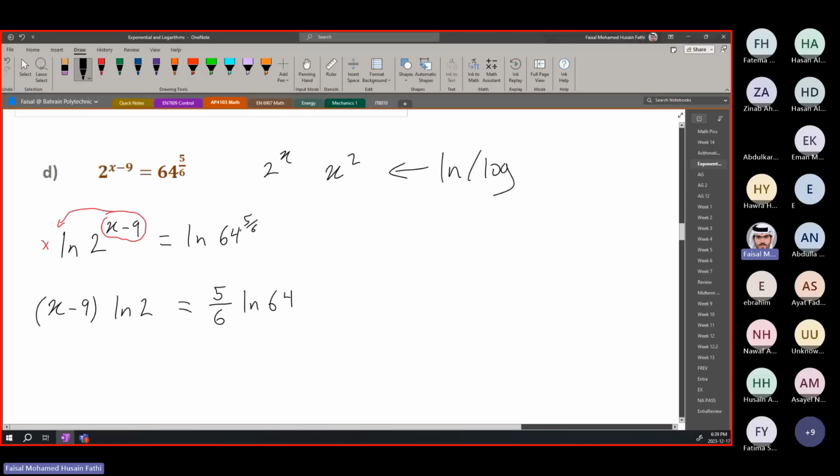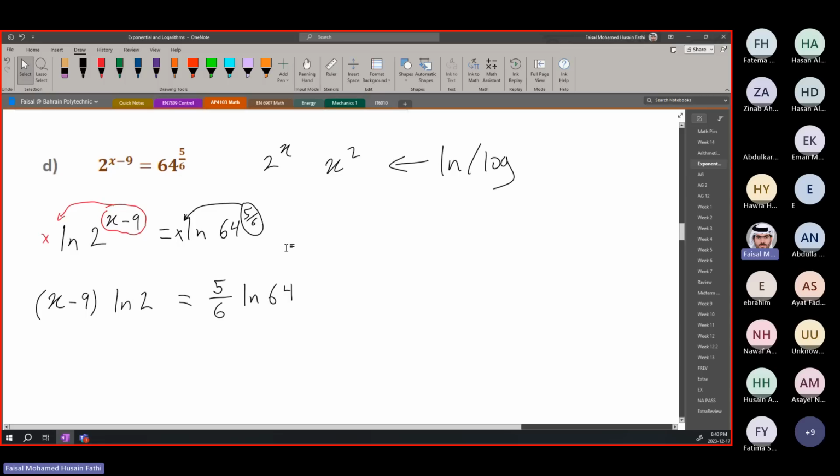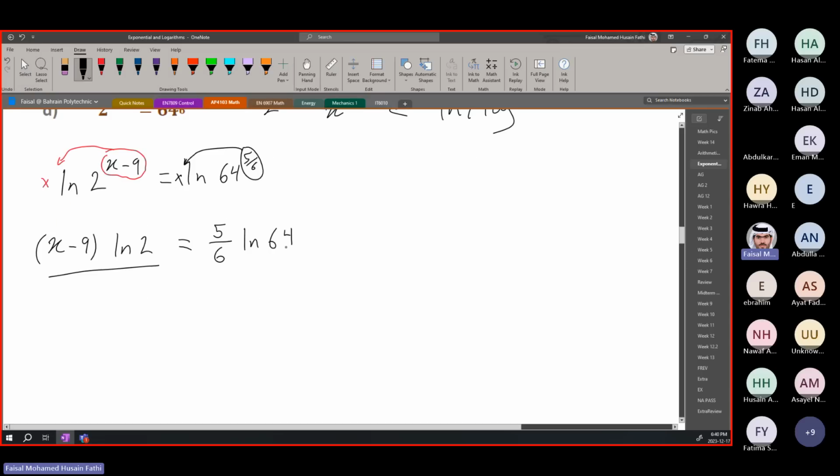Okay, but you don't have to do this. You don't have to take it here necessarily. These are all numbers. There aren't variables. You can just plug this into the calculator directly. Anyways, we divide by ln 2 on both sides. So we will get x minus 9, ln 2 and ln 2 will cancel, is equal to 5 ln 64 over 6 ln 2.